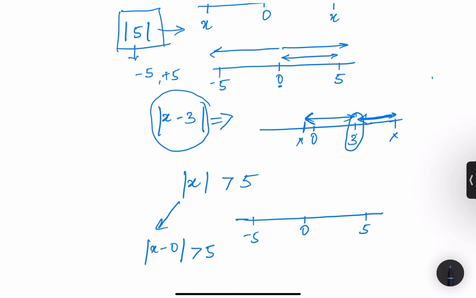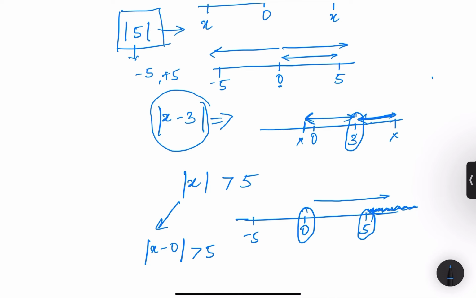So if x is on the positive side, towards the right of number 0, then x will fall somewhere in this zone, a zone which is greater than number 5.